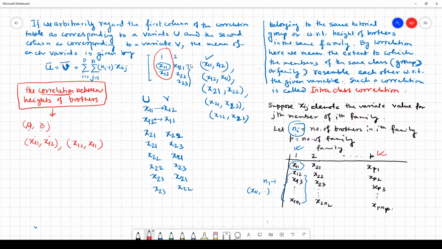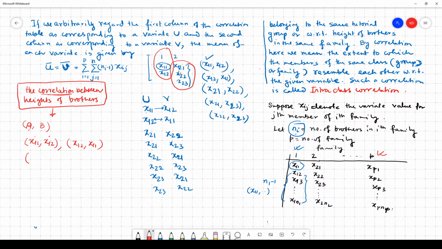Similarly, if you consider the second family, there are 3 brothers. So there are 6 possible pairs because 3 factorial. We can arrange these in 3 factorial ways.